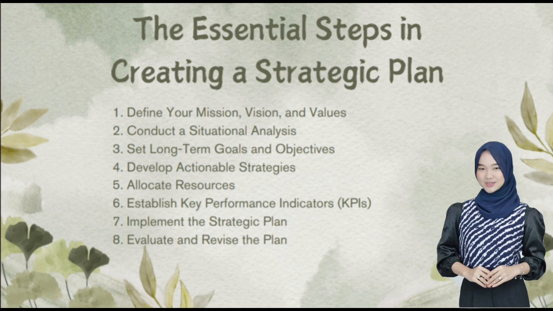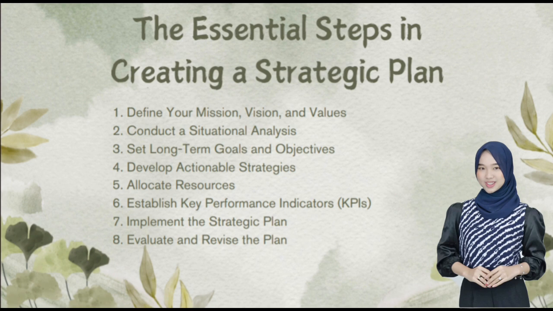Effective resource allocation requires careful budgeting and forecasting to align available resources with strategic priorities. Additionally, it's important to ensure that key employees are assigned to the appropriate initiatives, as their expertise and efforts are critical to the success of the plan.